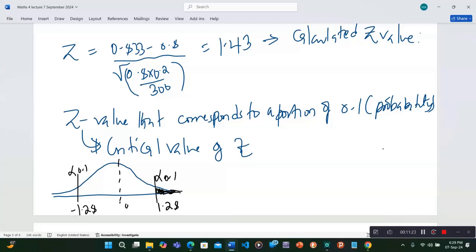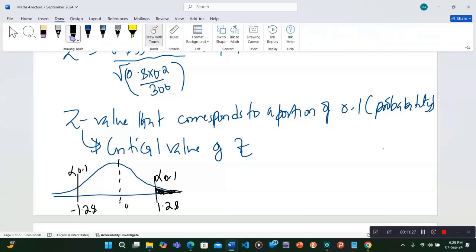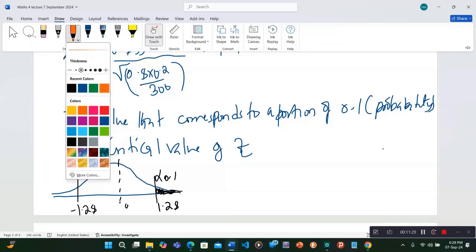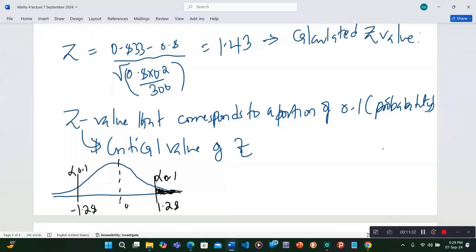Now let's indicate where our 1.43 lies on this curve. 1.43 is above 1.28, so it is lying on this other side.